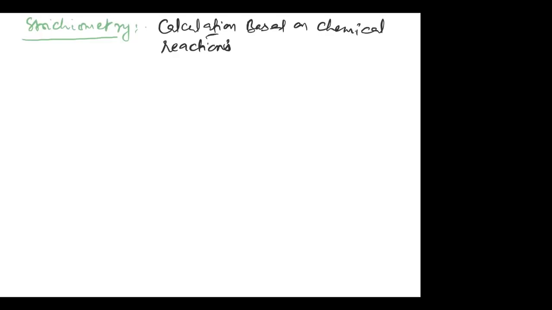We'll do three parts mainly. Let's say the A part is basic stoichiometry. Similarly, the B part, apart from basic stoichiometry, is POAC.